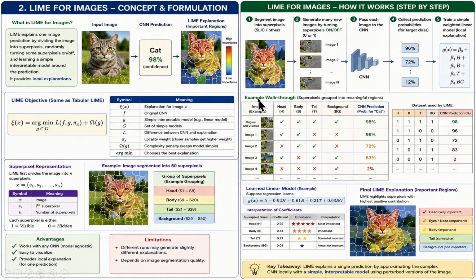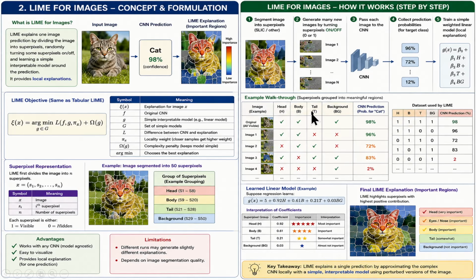And here is an example walkthrough. This is the original image, all the superpixels are visible. Head, body, tail, background, you can say all are checked. All these 50 superpixels are on.